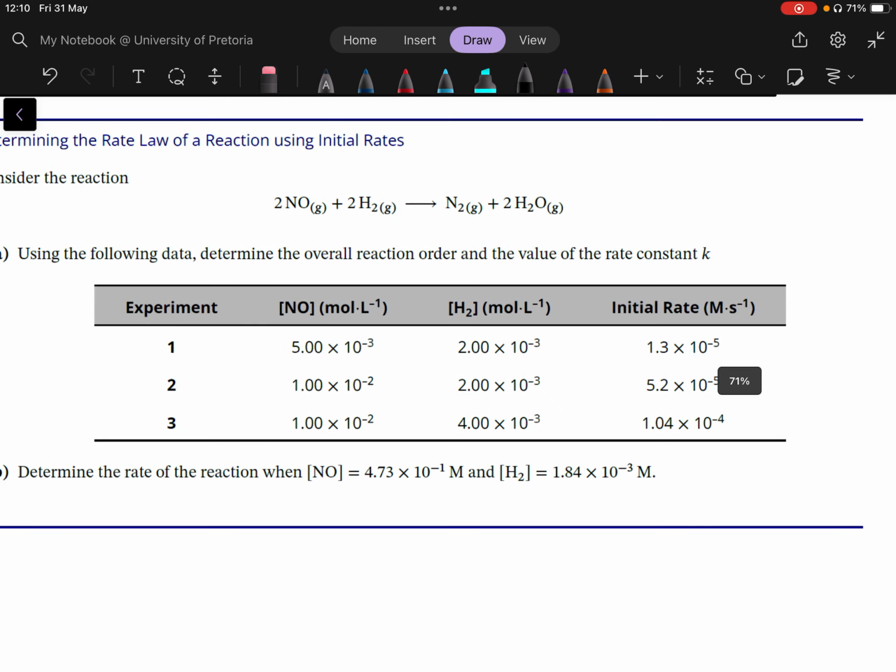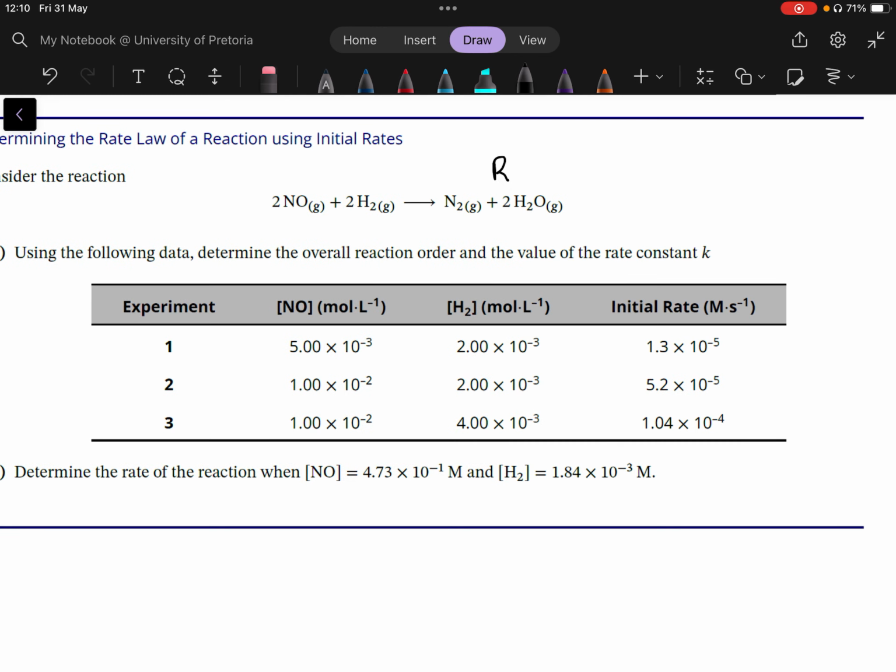So the basic point where we want to start is, what is the rate law of a reaction? If we write the rate of a reaction, the rate is equal to some constant, which is the rate constant, multiplied by the concentration of the first reactant, NO, raised to some power, not the stoichiometric coefficient, some power, multiplied by the other reactant, H2, raised to another power.